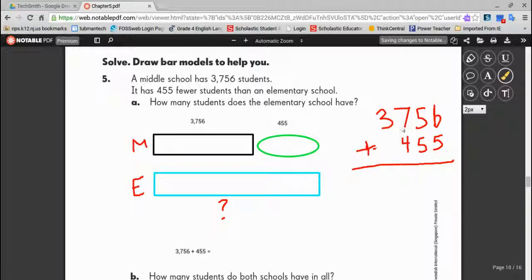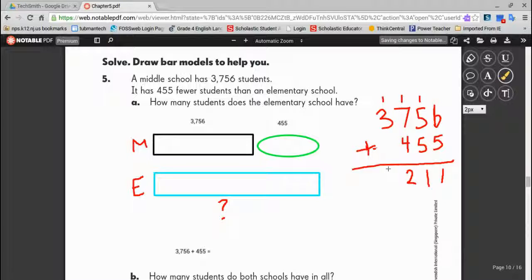Alright, let's do this problem. 6 plus 5, 6, 7, 8, 9, 10, 11. Put the 1 down, carry the 1. 5 plus 5 is 10, plus 1 more is 11. Carry the 1. 7 plus 4 is 7, 8, 9, 10, 11, plus 1 more is 12. 2, we carry that 1.